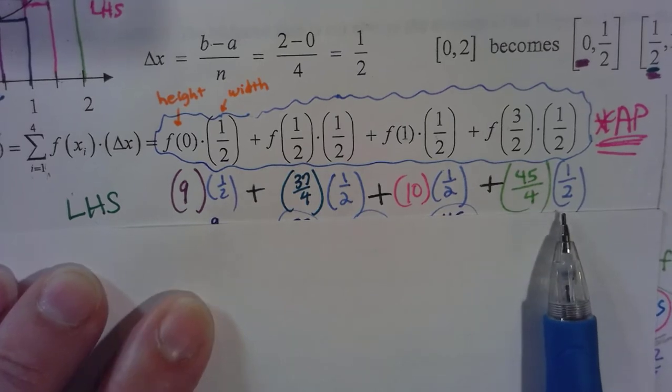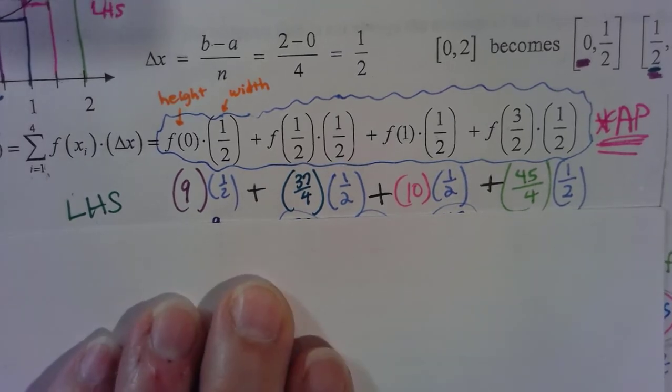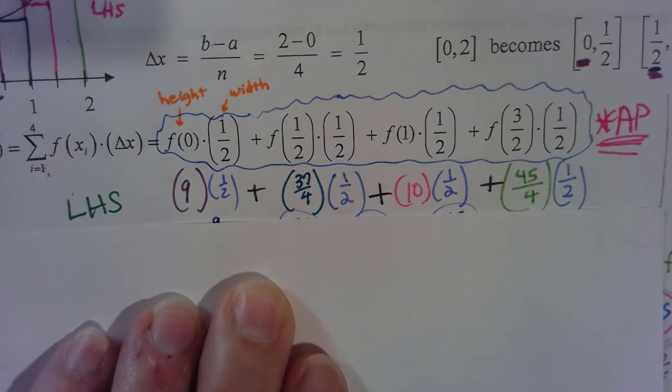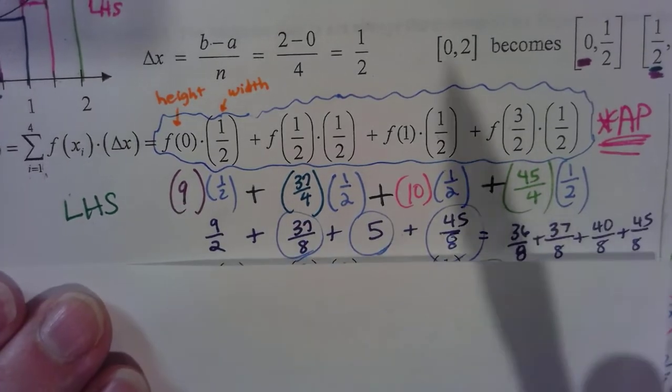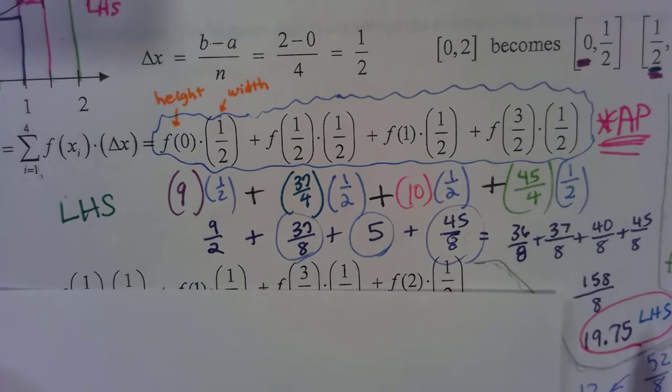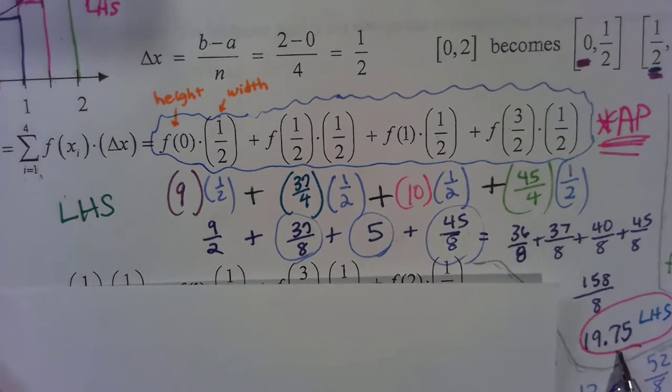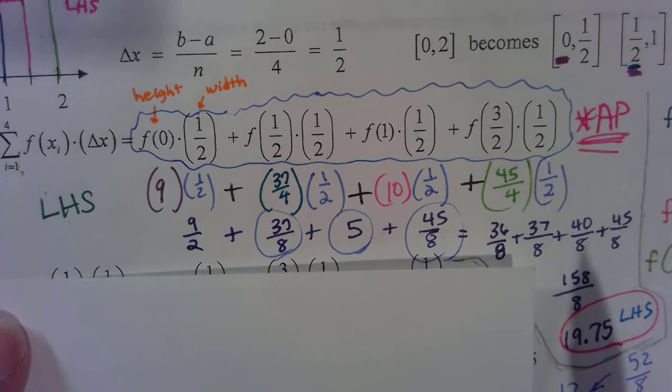Now you will notice each of these has a factor of 1/2. So if you wanted to, you could factor out the 1/2 and add all these up, or you could do the math. But eventually we're going to get 19.75 for our left-hand sum.